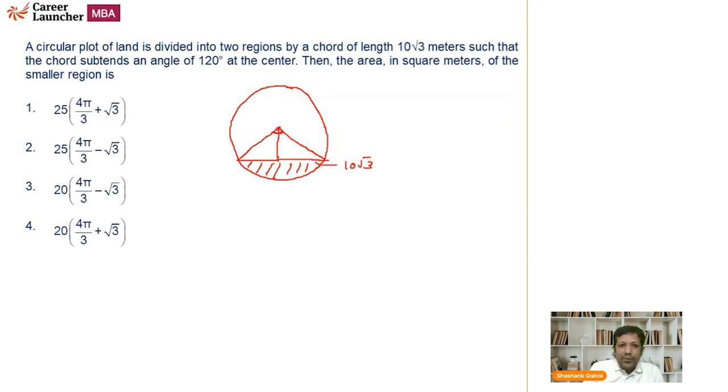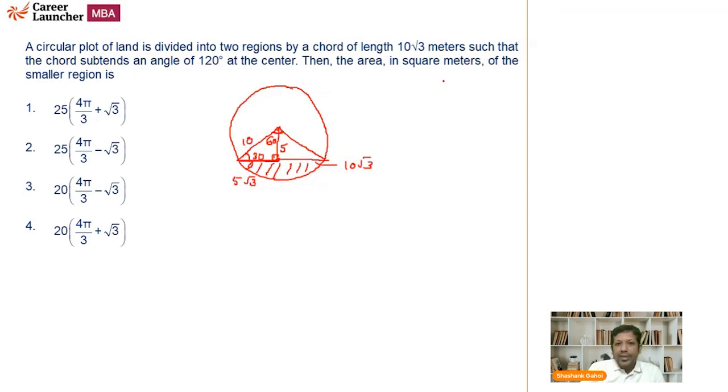I am joining the vertex to the midpoint. So if this is 120, this is going to be 60, this is going to be 90, and this is going to be 30. Now the total chord is 10 root 3, so this half is going to be 5 root 3. So opposite to 60, you have 5 root 3, opposite to 30 you are going to have 5, and opposite to 90 you are going to have 10.